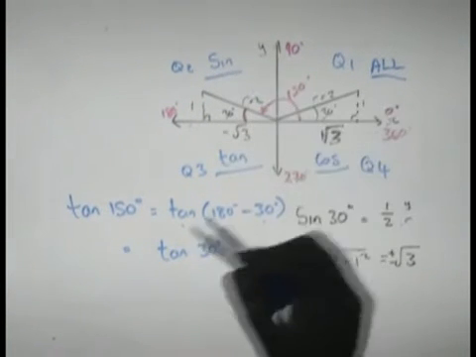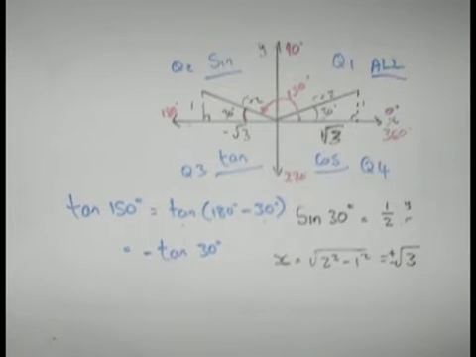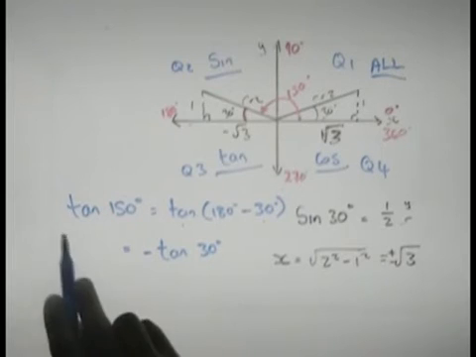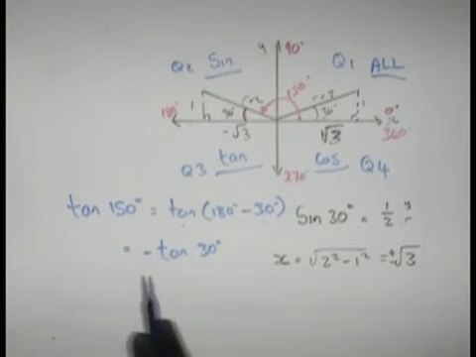Tan is negative in quadrant 2, so the answer will be negative tan of 30 degrees. Tan of 150 degrees becomes negative tan of 30 degrees.